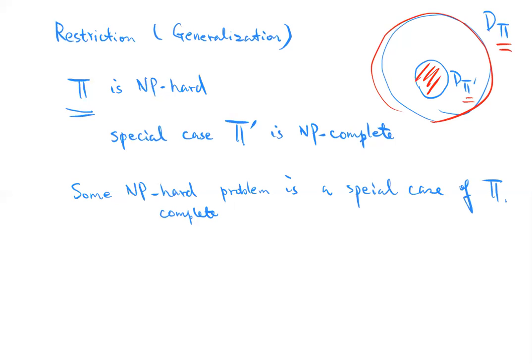So what we need to do is show that some NP-complete problem or NP-hard problem is a special case of our problem. That's good enough.